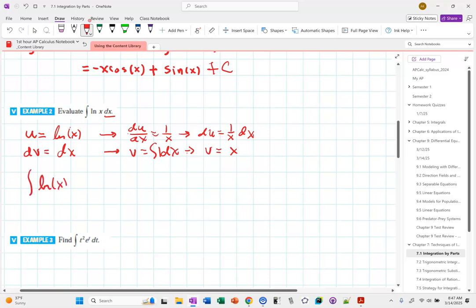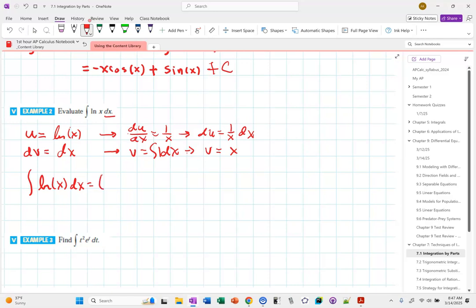So then we just, into the formula we go. So we have u times v minus the integral of v du.